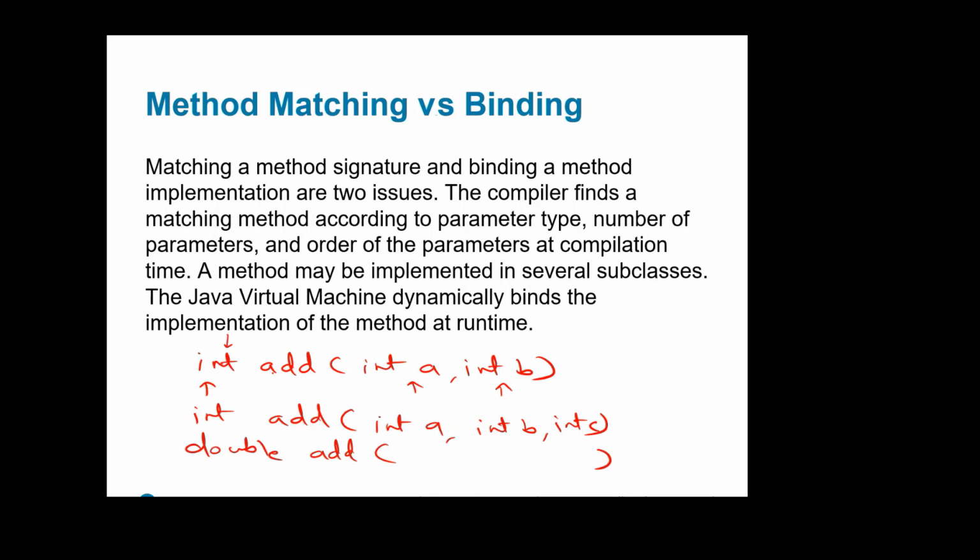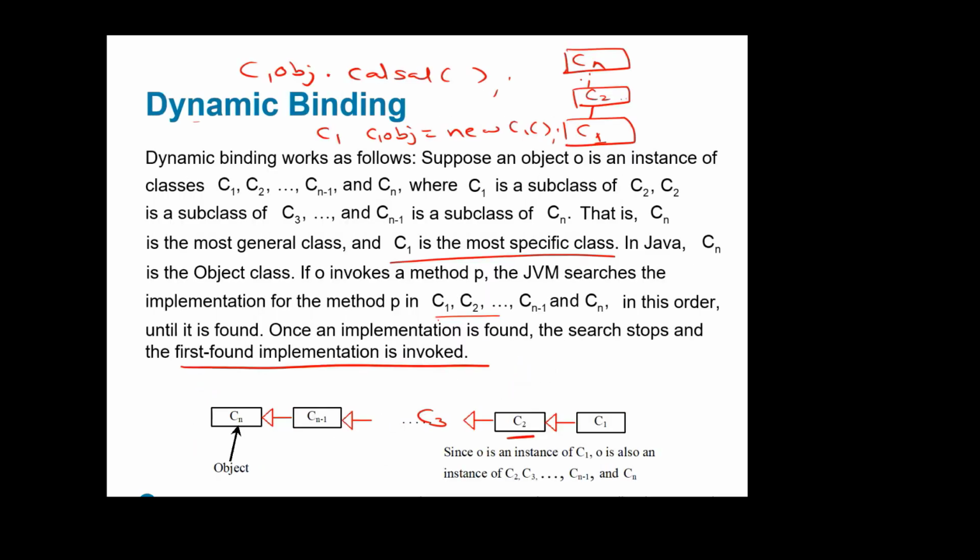But whenever there are parent-child relations, we can have the exact same method signature. So the method signature can be the same in C1, the same in C2, the same in C3, and it is still allowed, and it will choose accordingly, wherever the implementation is first found. So if the method is implemented everywhere, it is still going to go with C1.